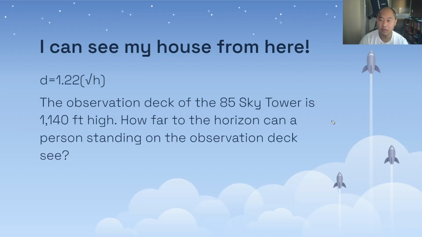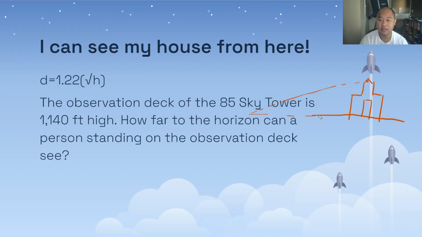So, the 85, it kind of looks something like this, right? With a big old hole in the middle. So this is the 85. And the observation deck is somewhere up here, right? So if you were standing here, how far could you see?